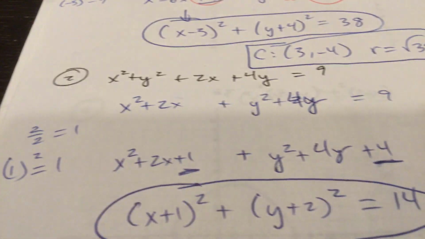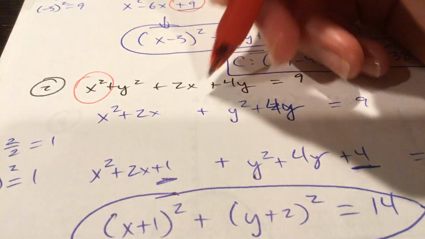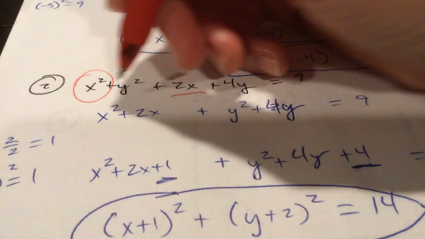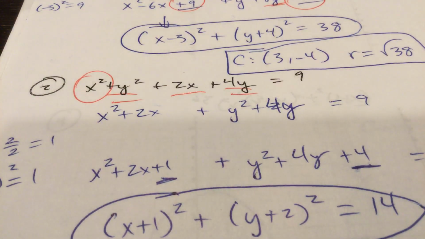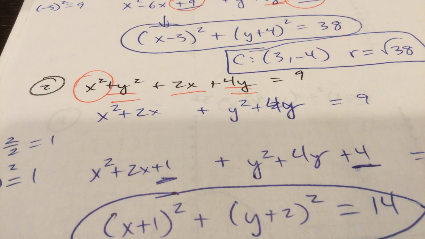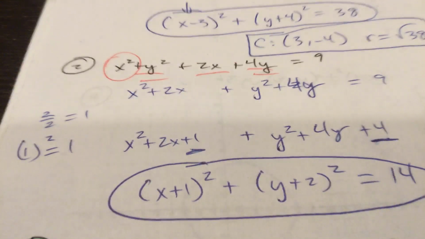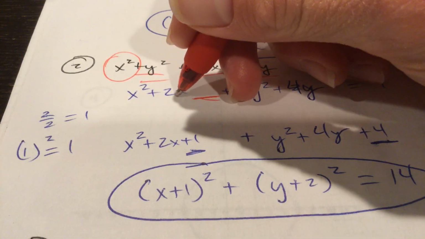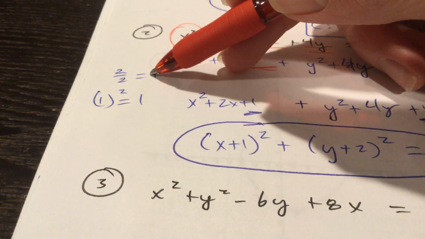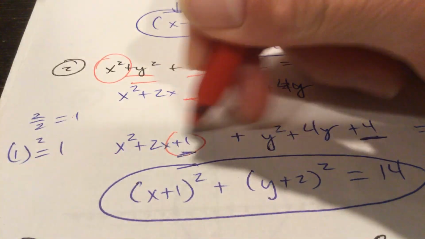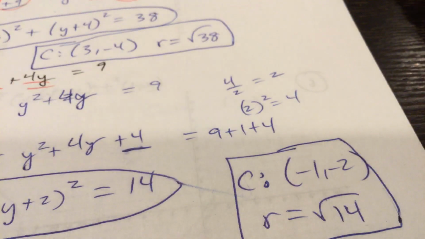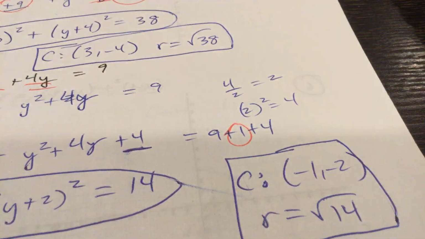Number 2. Again, get x² and 2x together. Get y² and 4y together. That 9 needs to stay where it's at. Then I take half of 2, which is 1. I square 1. If I add 1 to the left, add 1 to the right.